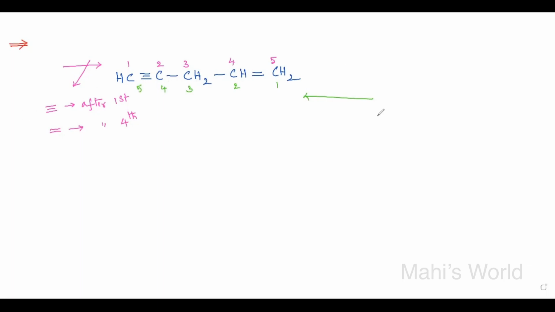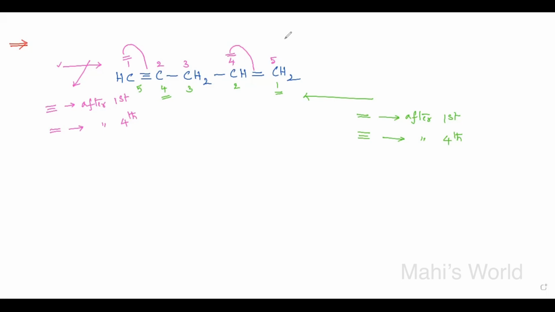Now when numbers are given from this end, the double bond is after the first and the triple bond is after the fourth. When numbering is done from the other end, the triple bond is after the first, the double bond is after the fourth.